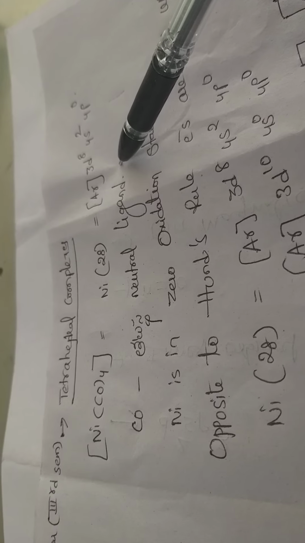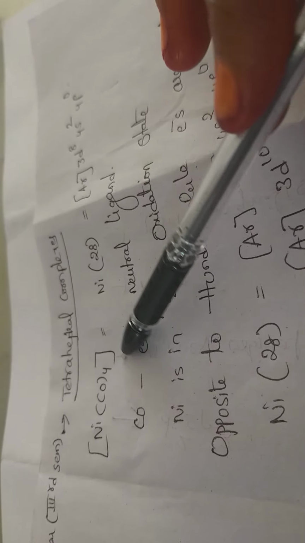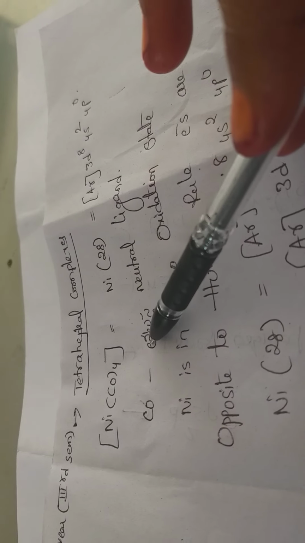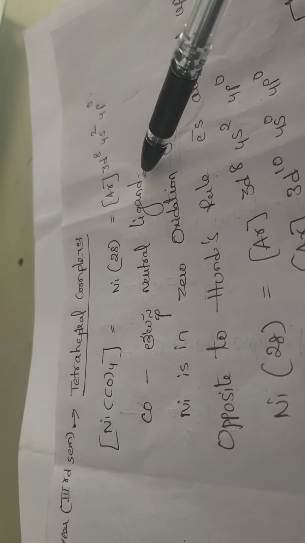In this complex, carbonyl is a neutral ligand. So nickel is in a zero oxidation state, meaning no electrons are lost and no electrons are gained. Opposite to Hund's rule, electrons are paired up in this complex.